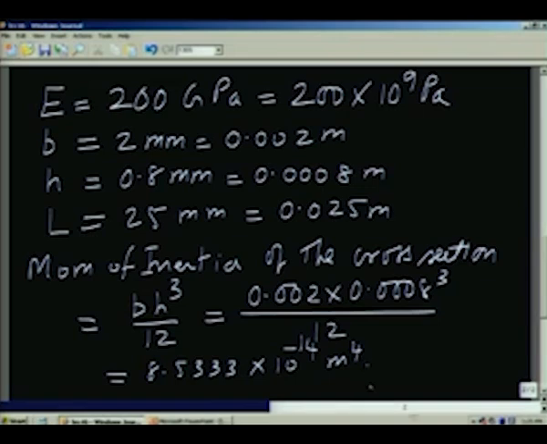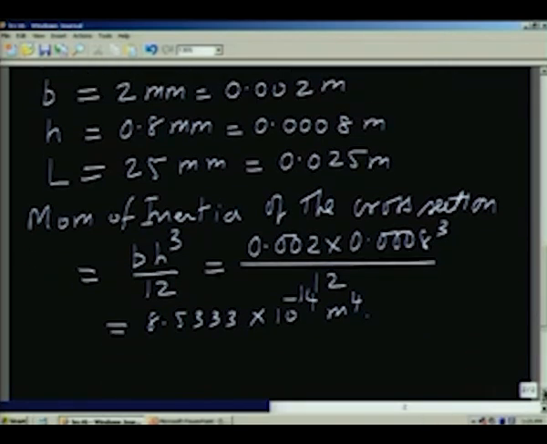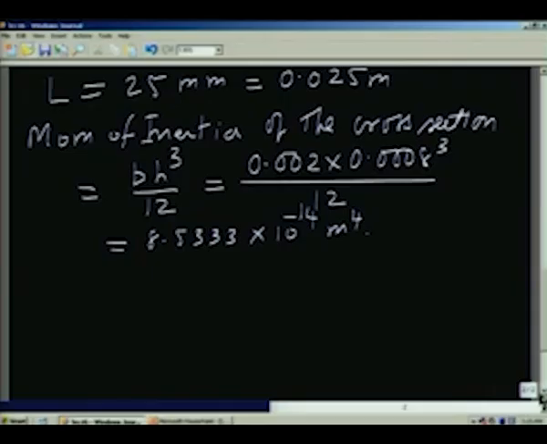So, we have the moment of inertia, because the spring constant actually is given by a simple formula.